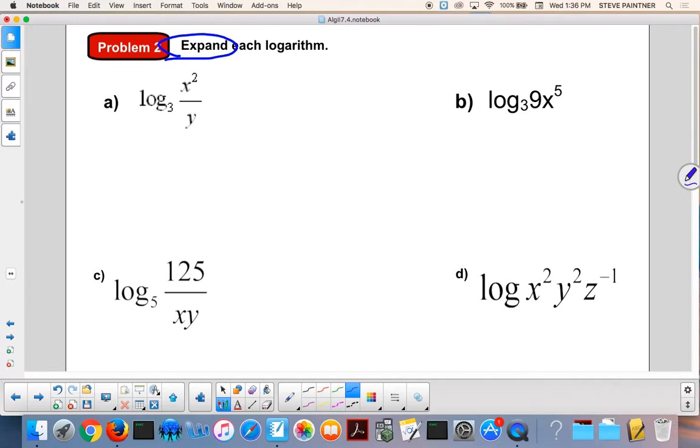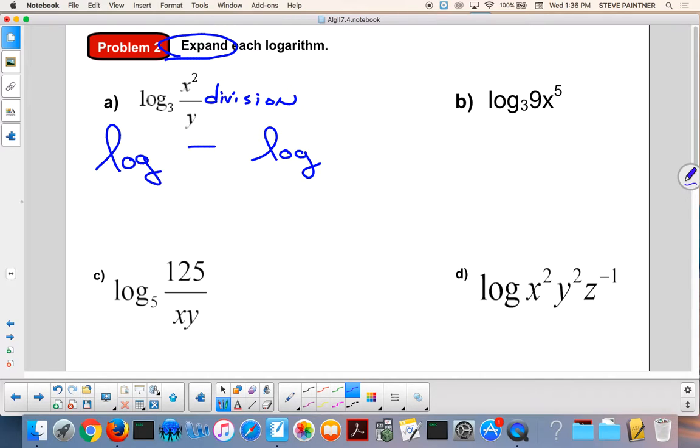So if you're looking at this one, what do you think the first thing you have to notice is? Yeah, it's division right here. It's a division kind of number. So I could take 1 log and turn it into 2 logs, as long as I what? Subtract. Okay? So what's the first number going to be?